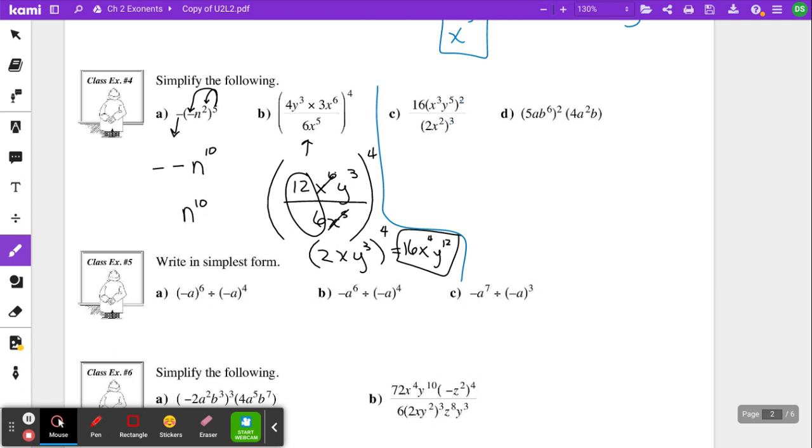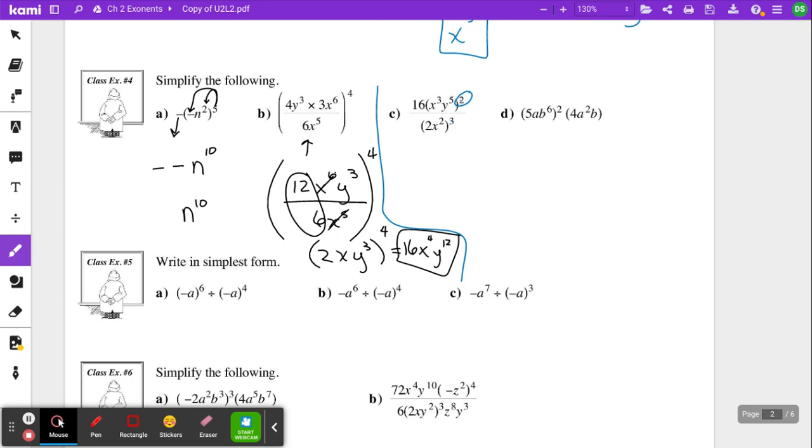Does this 2, right here, apply to, what does it apply to? All right, Hannah, what does it apply to? The little 2 on the top, what does it affect? All of them. What do you mean all of them? All of what's on the top.